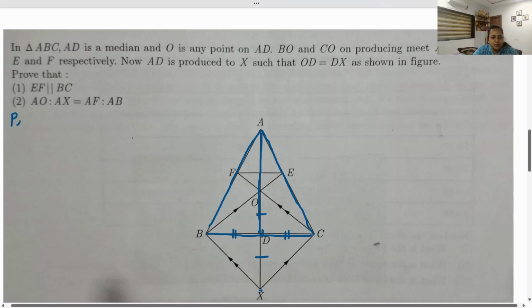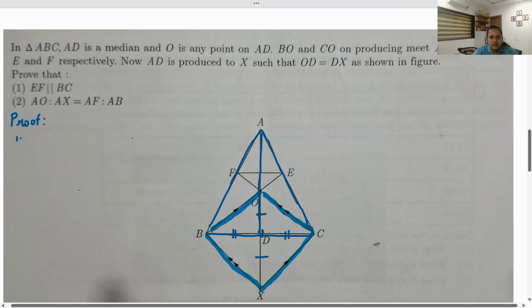So if you look at the proof part of it, first of all, our attention should come to the data that is being given to us. If we focus on the quadrilateral, which quadrilateral? BOCX. Sorry, BOCX, not OBCX.